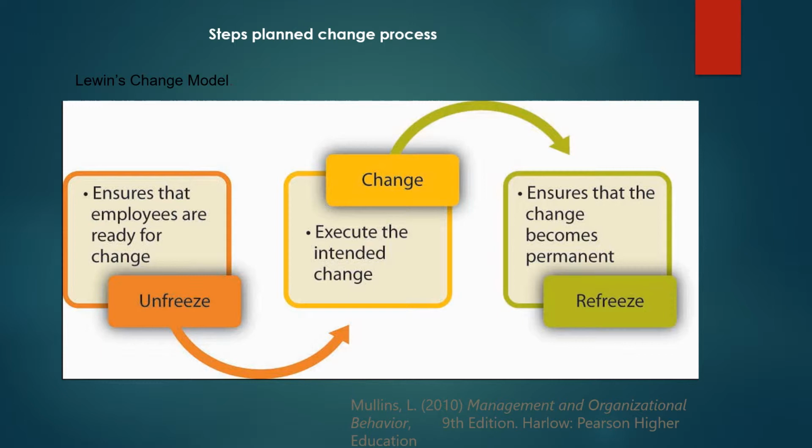On the first step, unfreeze, we will ensure that employees are ready for change. And the second step, change or move, we will execute the intended change. And at the refreezing step, we will ensure that the change becomes permanent.